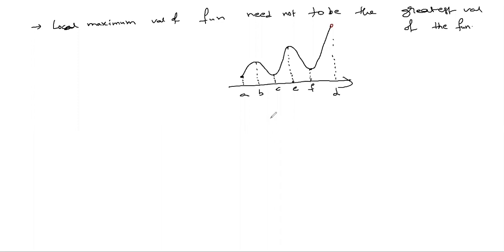If you consider like this, then what can you analyze here? Local maxima points: x equal to b and x equal to e. At b and at e you can observe local maxima exists.